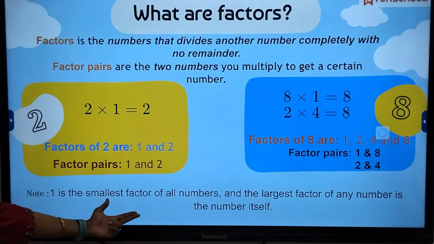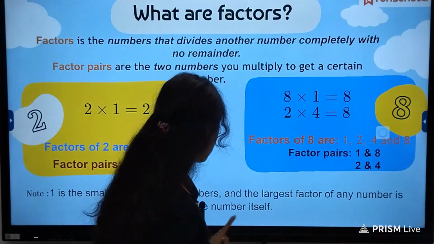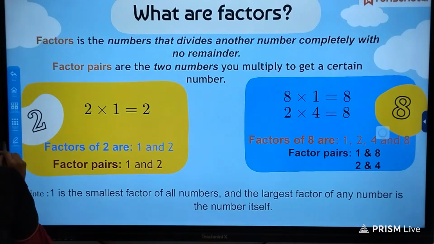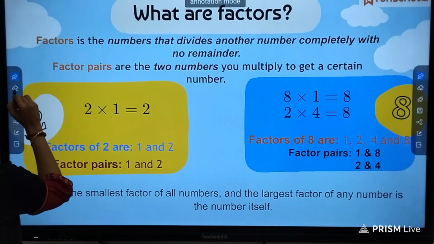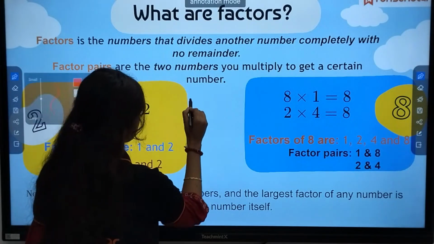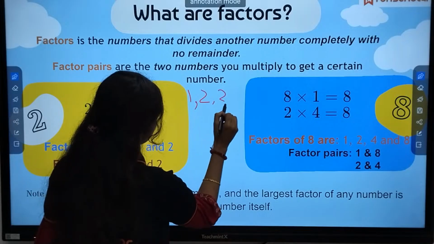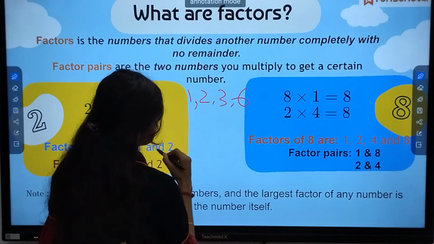1 is the smallest factor of all numbers and the largest factor of any number is the number itself. How do you know? Just see 6. I have told you 6 can be divided by 1, 2, 3 and 6.